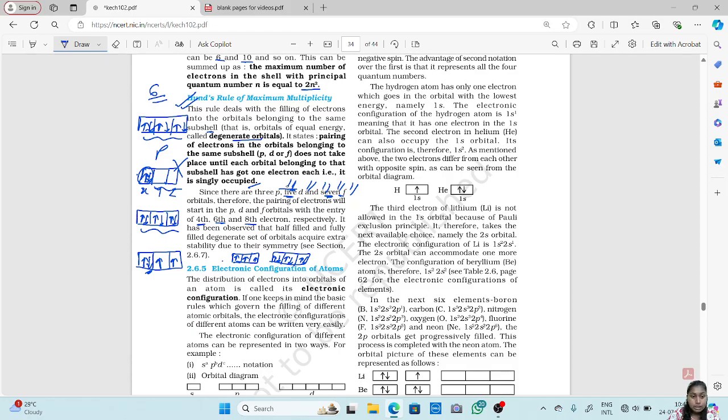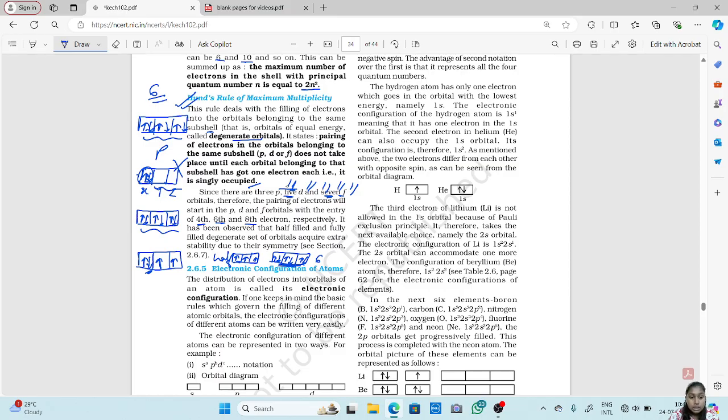This p orbital is half filled. Half filled means all the orbitals have 1 electron in them. Here it has all the 6 electrons, so this is a completely filled orbital.